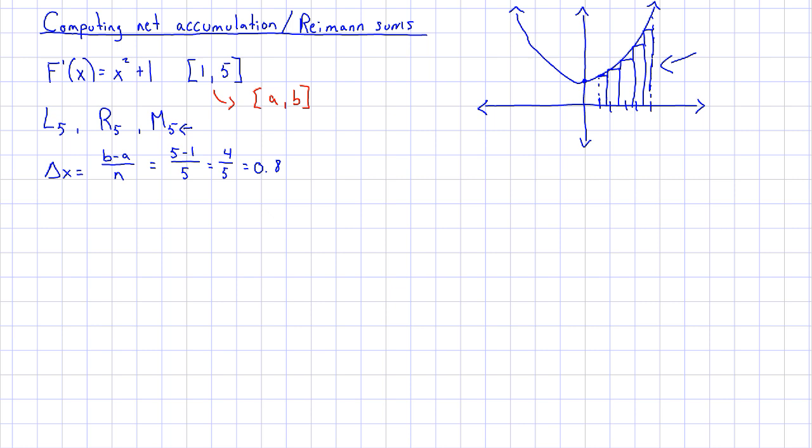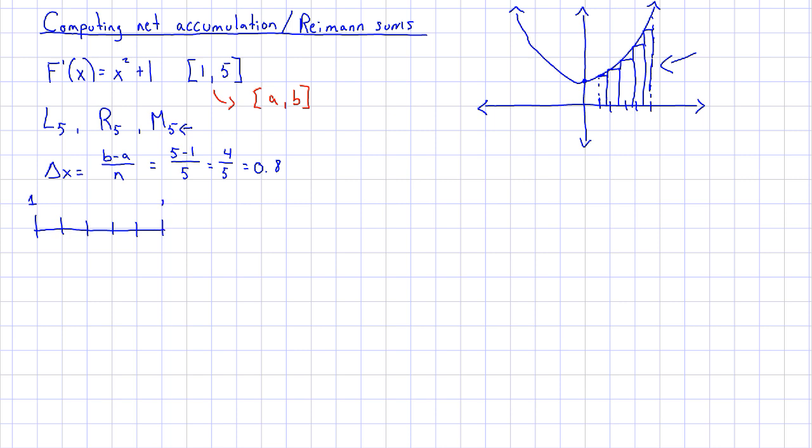So I like to do a number line. I'll start with my lower limit, which is 1. I'm going to go ahead and do 5 lines, because I know I have 5 subintervals. So I'll do 1, 2, 3, 4, 5, which gets me my 5 little intervals here.